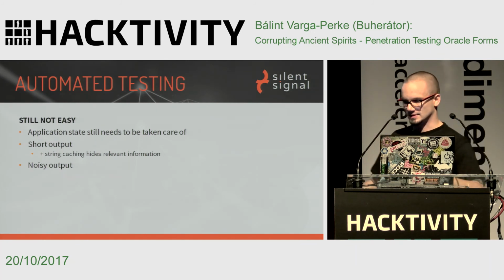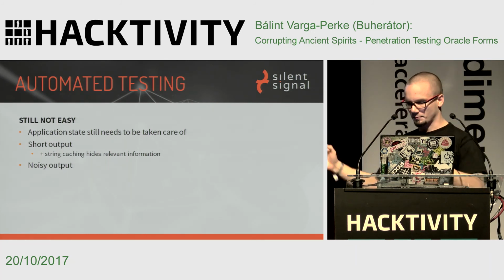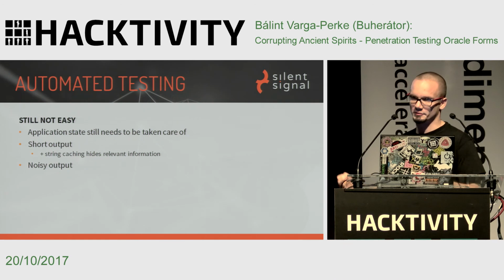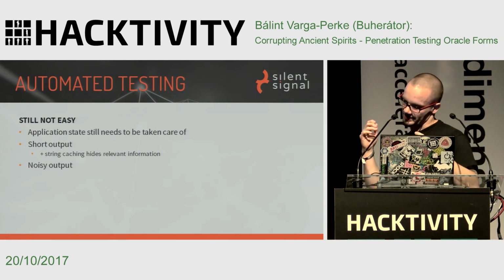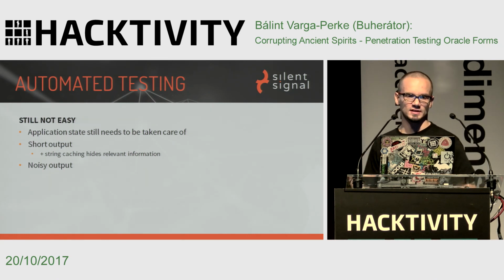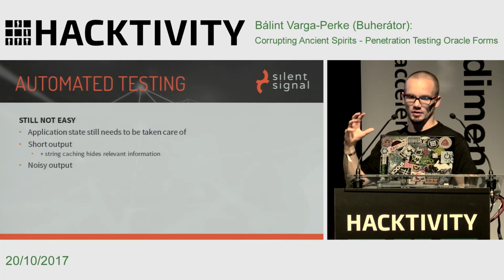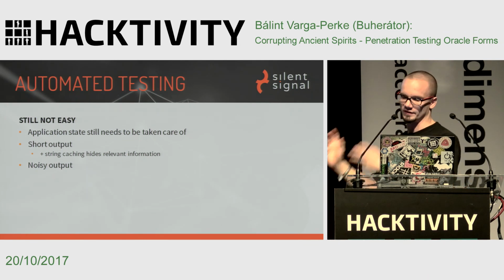The output of the server, so the responses, are still serialized, not encrypted anymore, but serialized. And this string caching thing results in Burp and other scanners not being able to do really good heuristics about whether they found something or not.